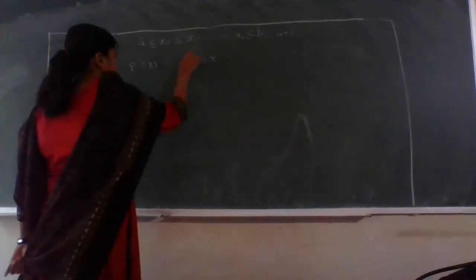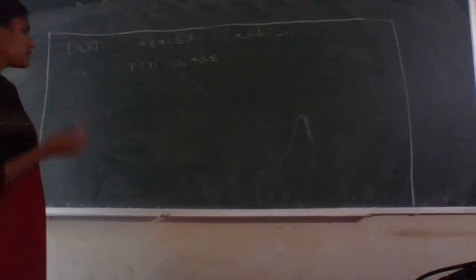We'll solve only for x raised to 1, that is n equal to 1. The power of x is 1, where a naught and a1 are the constants which we want to find, which must satisfy the interpolation condition.